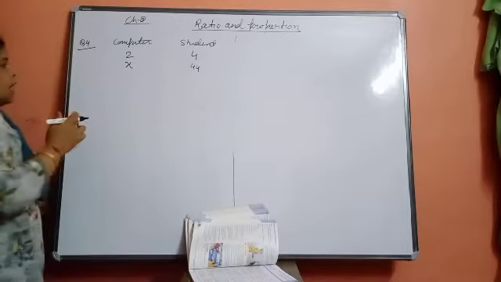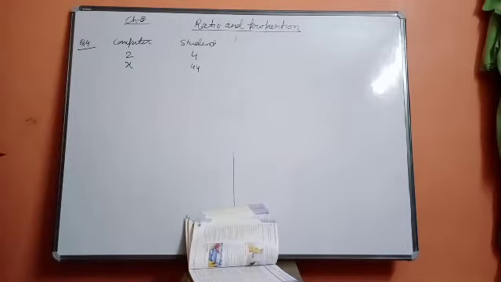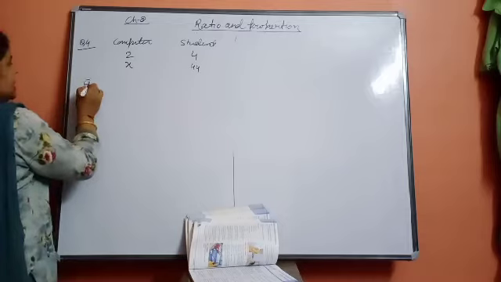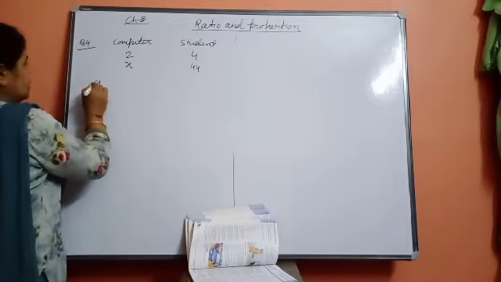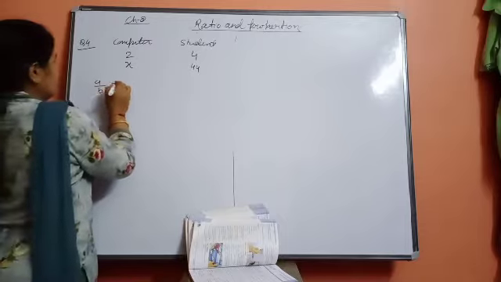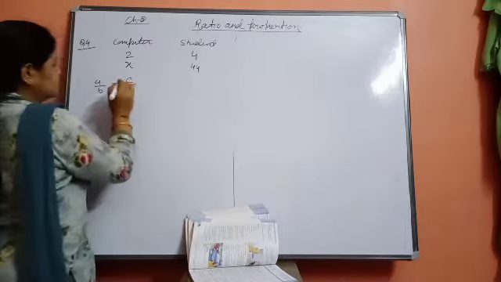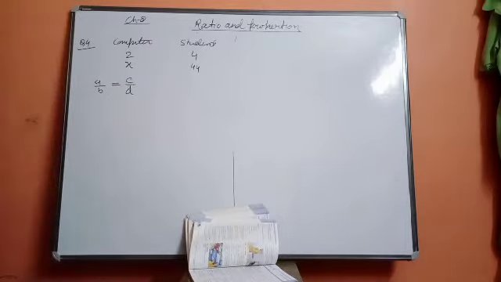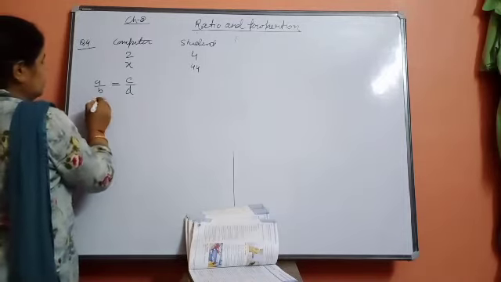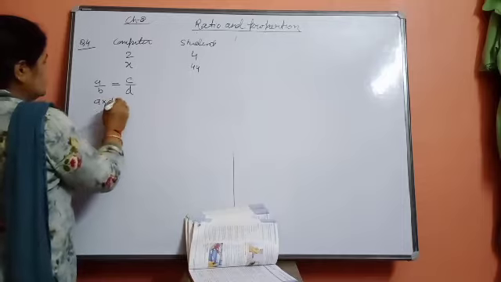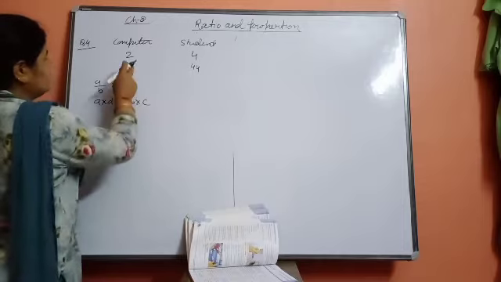You know how we do proportion. Ratio and proportion means suppose A ratio B, A upon B is always equal to C upon D. In the previous class you also learned A into D is equal to B into C. So do it by the same method.